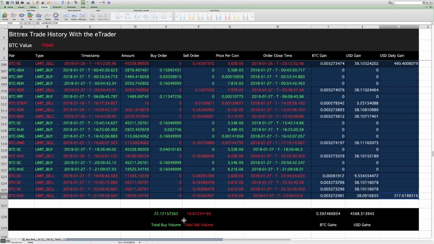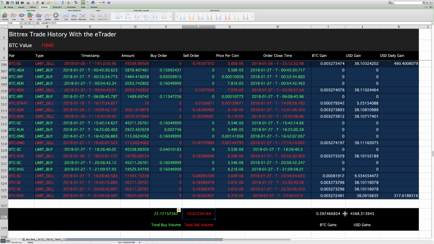Down here you can see. Now you do have to remember too, these results are using or starting with 3.5 Bitcoin. So it was a big start, and you can see the profits that it's produced as a result. So here we have the total buy volume over that course of time. It purchased 22 Bitcoin worth of orders and sold 19.5 Bitcoin worth of orders.